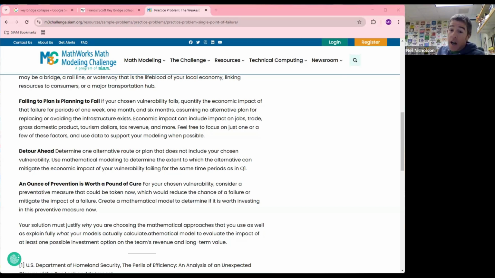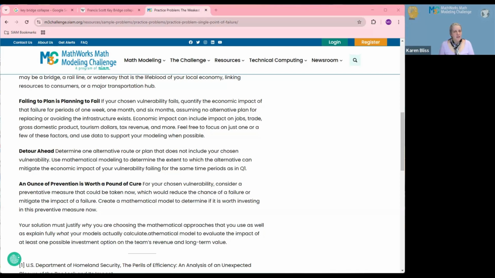If there's an initial spike in some sort of loss, where immediately a lot of stuff stops, but it's a one-time loss, then you wouldn't multiply those things by 4.